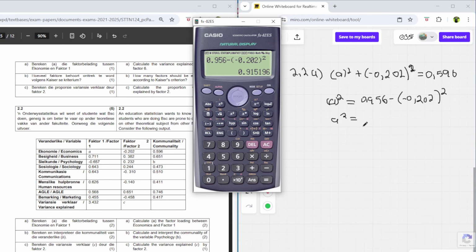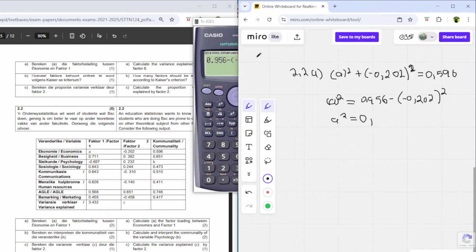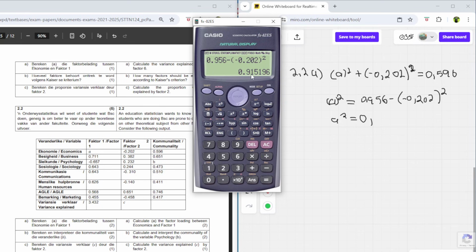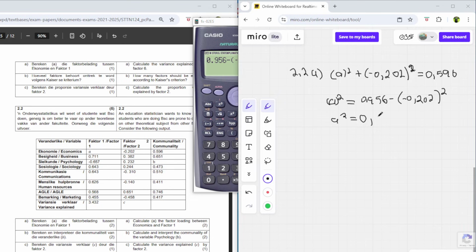At this point, do not round off. You can round off at the final answer. So the answer is 0.915196.